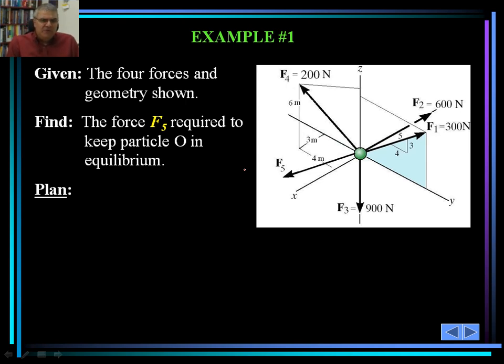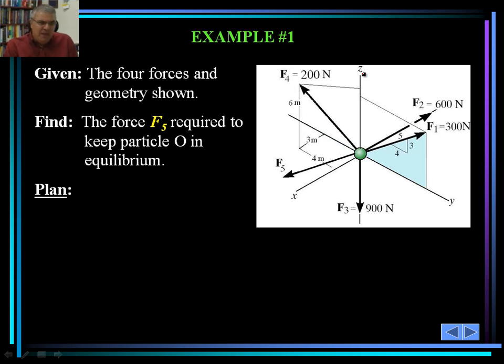The four forces and the geometry of the assembly are shown. In this case, the particle O is placed at the origin of an XYZ system. As you can see, the XYZ coordinate system is shown as such, and the positive direction is in the direction of X, Y, and Z as shown.